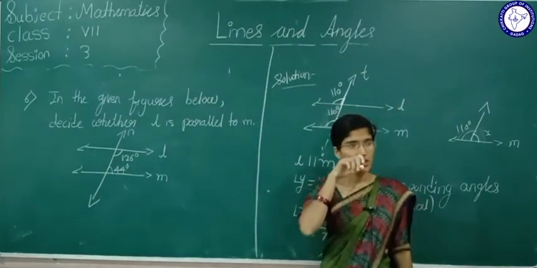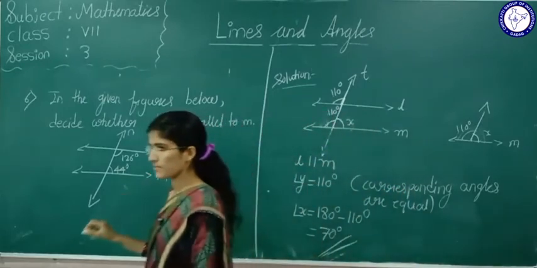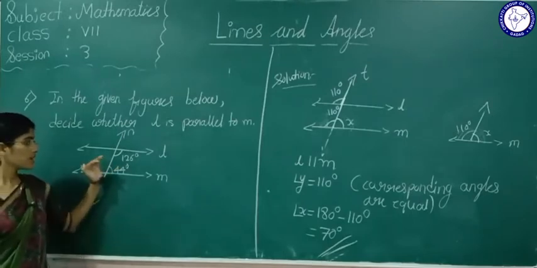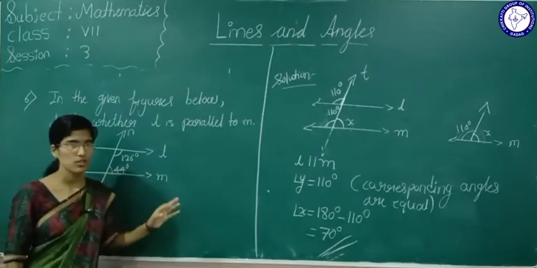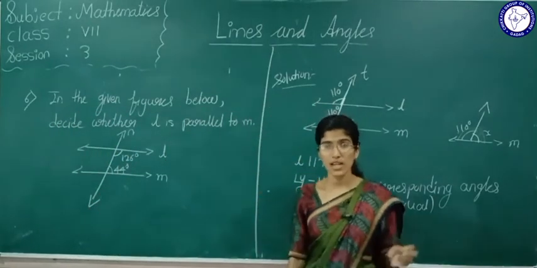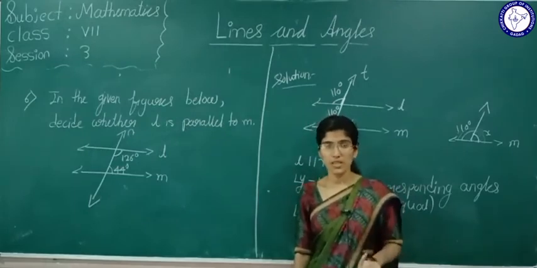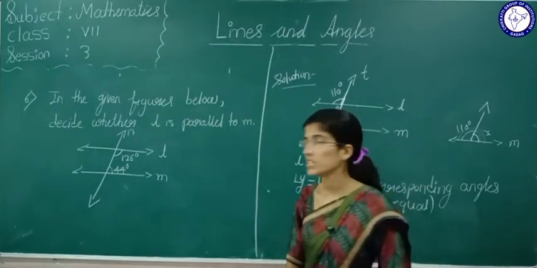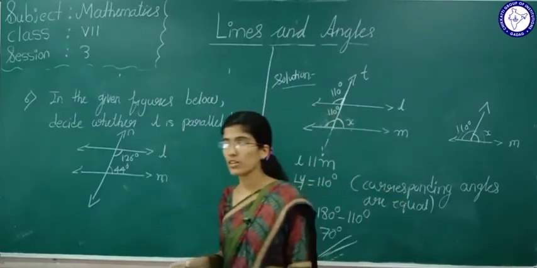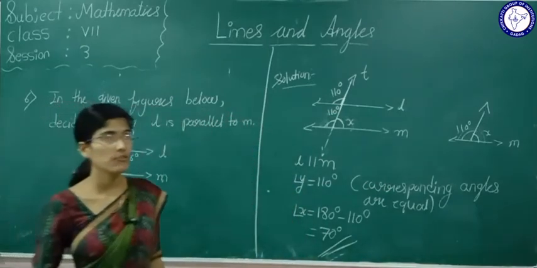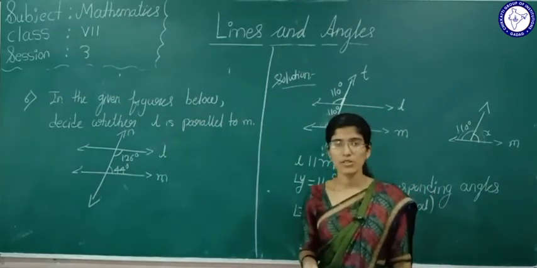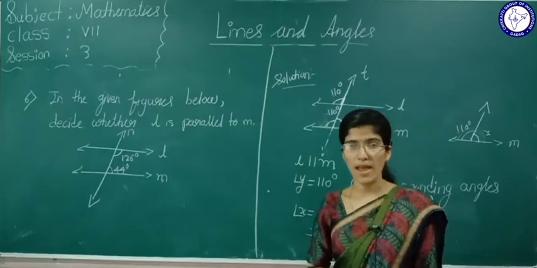If a line intersects two lines, and the interior angles on the same side of the transversal sum to 180 degree, definitely these two lines are parallel. Second, if a pair of corresponding angles are equal, we can tell that the two lines are parallel.